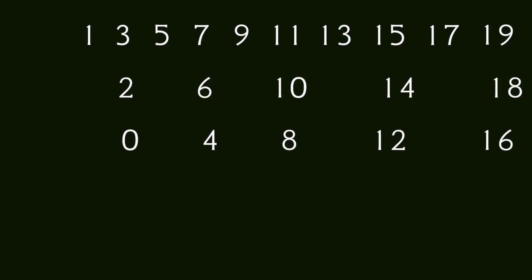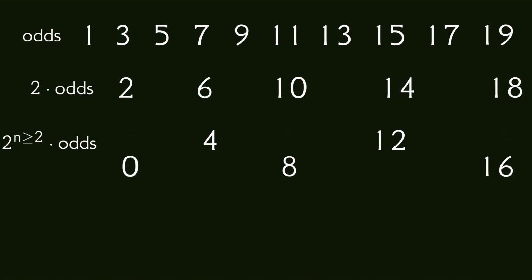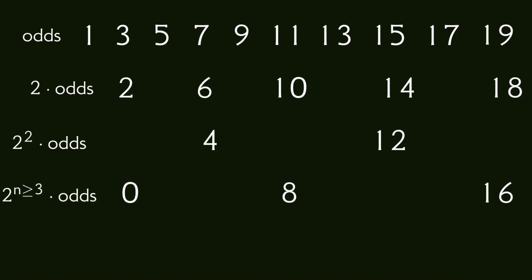So here we have divided the natural numbers into 3 parts: the odd numbers, numbers that can be written as an odd number times 2, and numbers that have more than one factor 2 in them. From here we can keep going, removing all the numbers that are divisible by 8 from the last group, and putting them at the end, creating omega times 4.